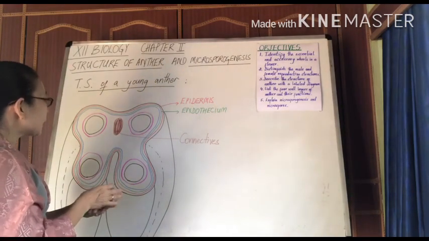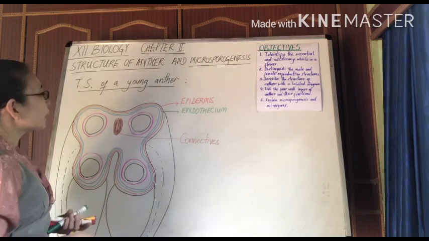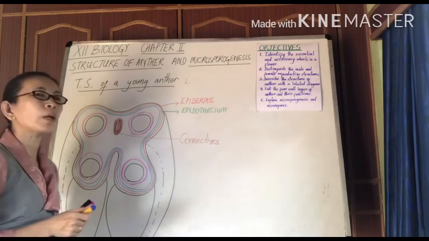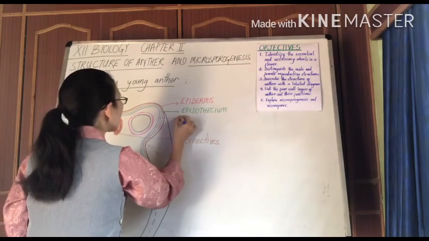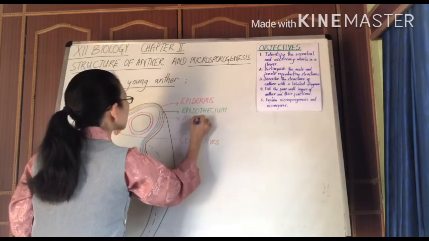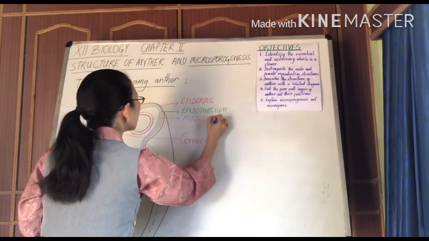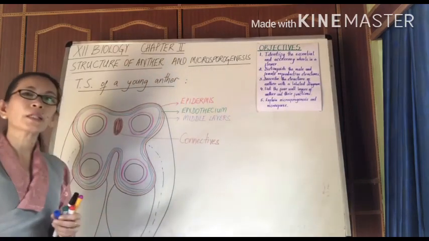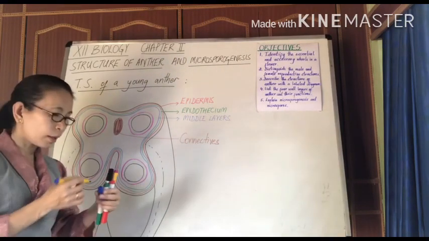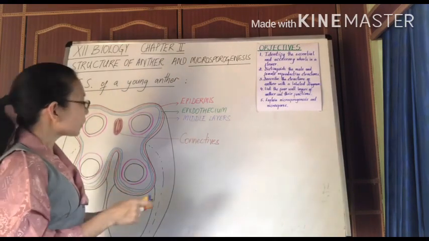Then inside of the endothecium, there is yet another layer which I have shown here in blue color. This is the 3rd layer, called the middle layers. Alright, now we'll get into the detail in the next part.